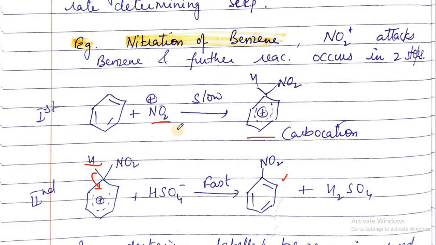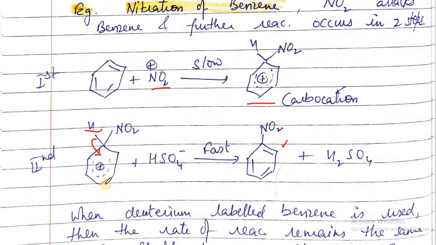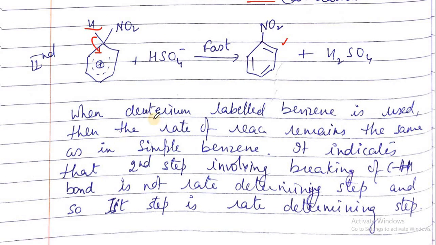This indicates that the breaking of this bond is not a rate determining step. That is, when deuterium labeled benzene is used, the rate of reaction remains the same, it has no effect of deuterium, as in simple benzene.